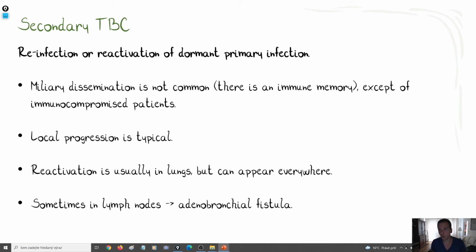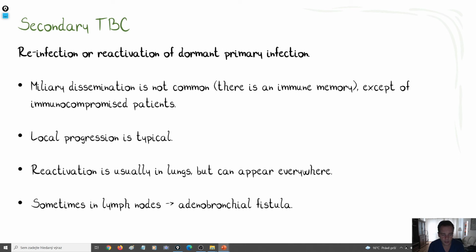We cannot rule it out, but it is not so common. Local progression is much more typical. So usually there's a reactivation of some dormant TBC. It's usually a lung focus, but it can appear everywhere. So you can have a reactivation of kidney tuberculosis, for example, but usually it's a lung.